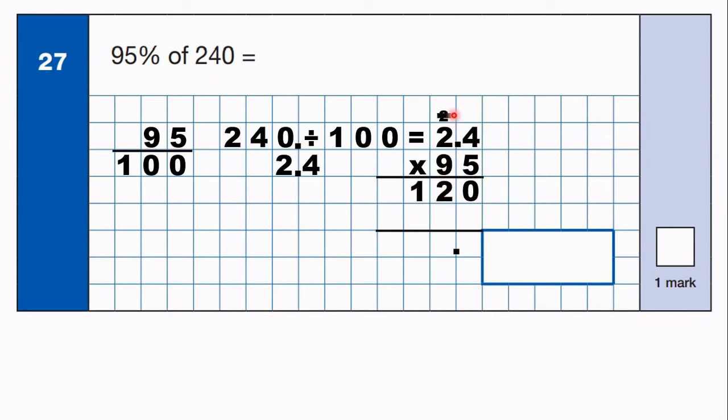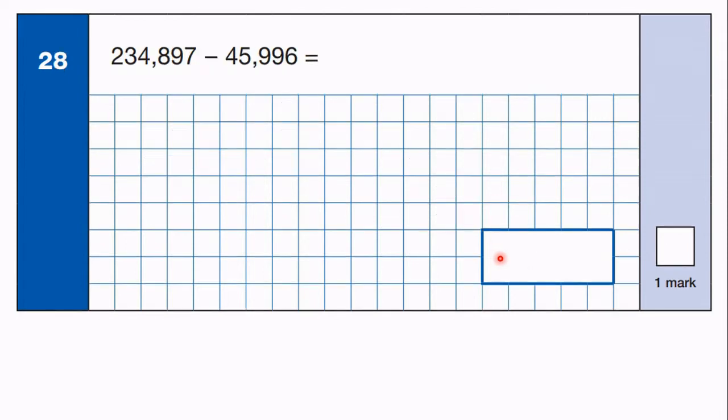Now we can cross out our working, write a 0, and now 4 times 9 is 36, so 36. 2 times 9 is 18, plus 3 is 21. Now, if we add up our answer lines, we get 228.0, which we can just write as 228.